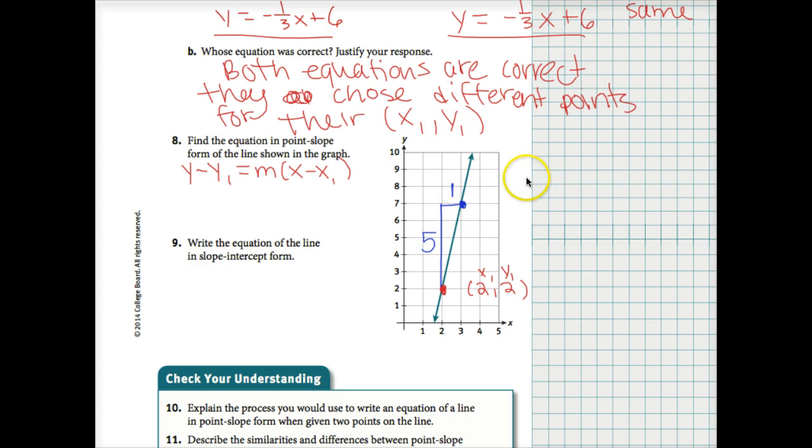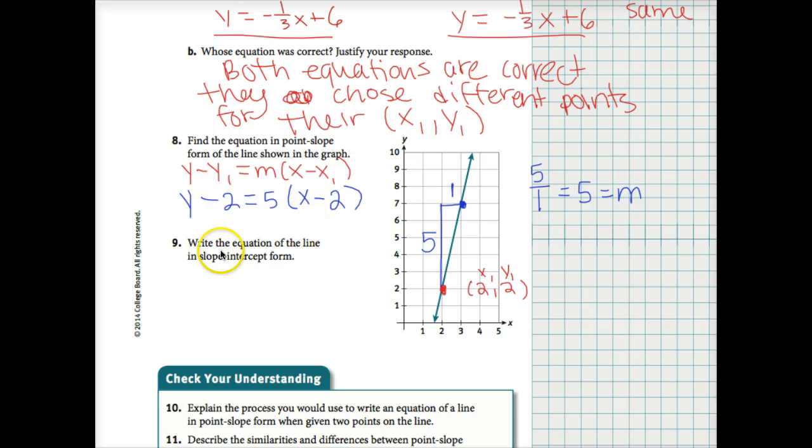My run is 1. 5 over 1, rise over run, is 5. So that is my m. So I've got m, I've got x1, y1. That means that I am ready to plug it in. So I can do y minus 2, which is y1, equals m, which is 5, times x minus x1, which was also 2.